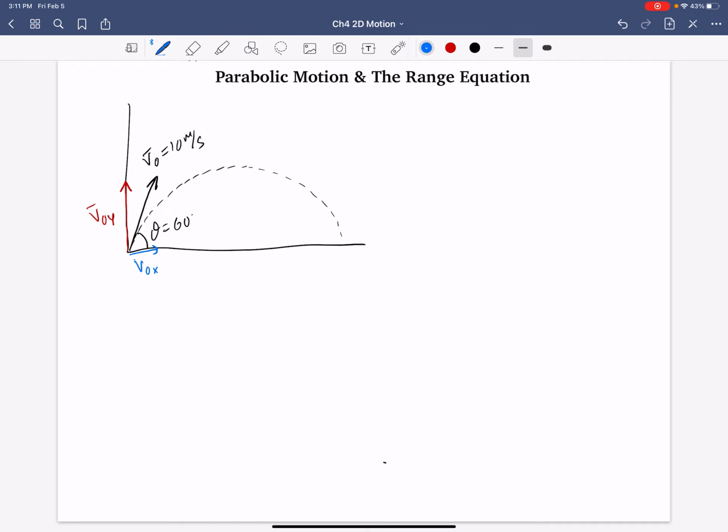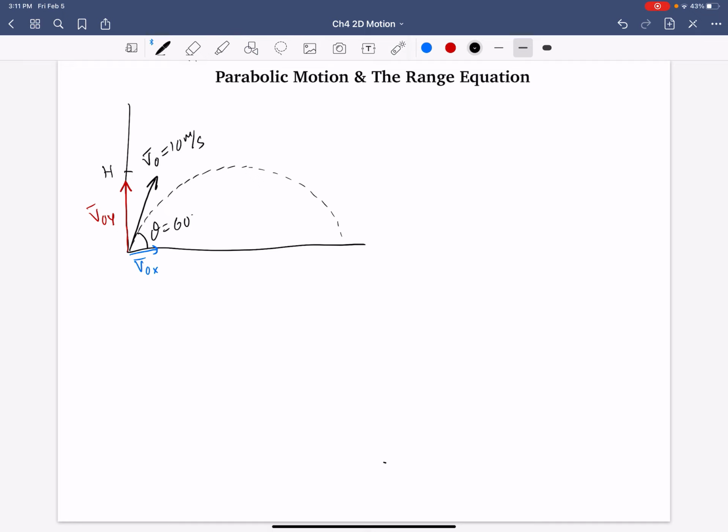V naught x, okay? And so that initial speed is such that the y component will decrease, up to a minimum at 0. And that minimum is at this maximum height we'll call capital H. And that's because there's a force in the y direction, the gravitational force.